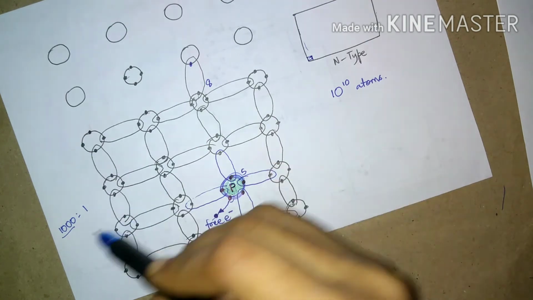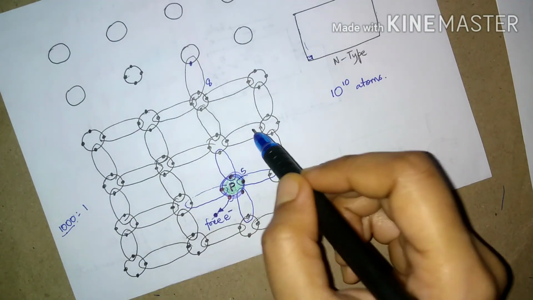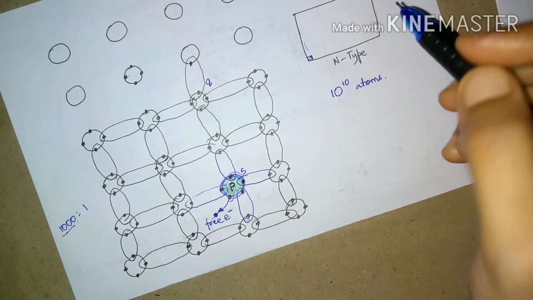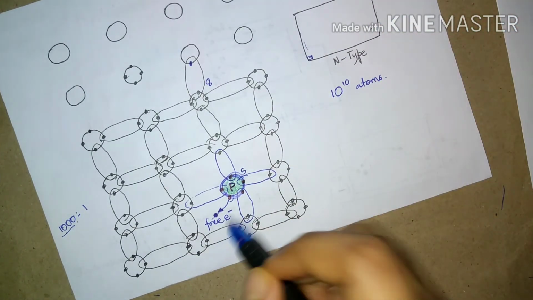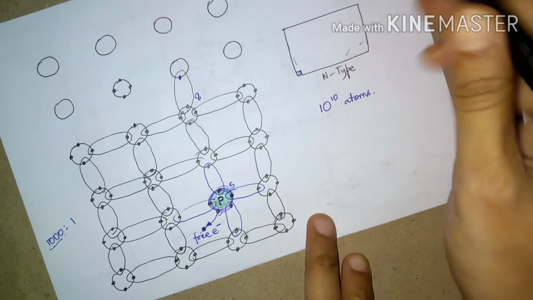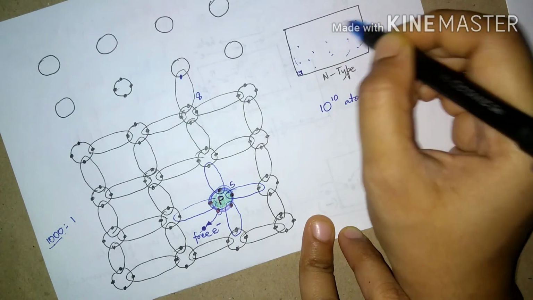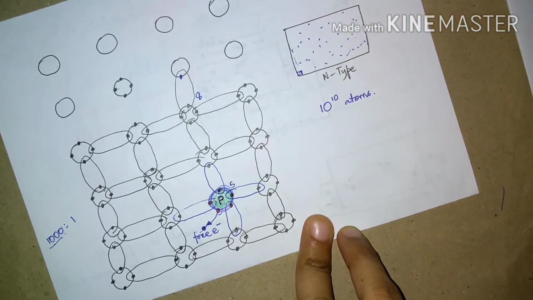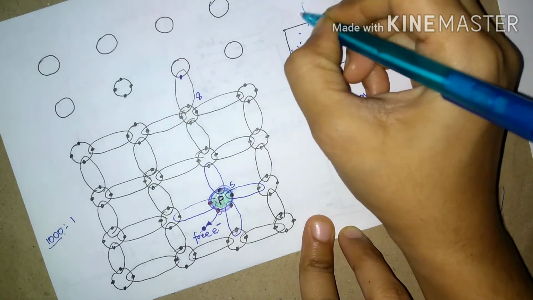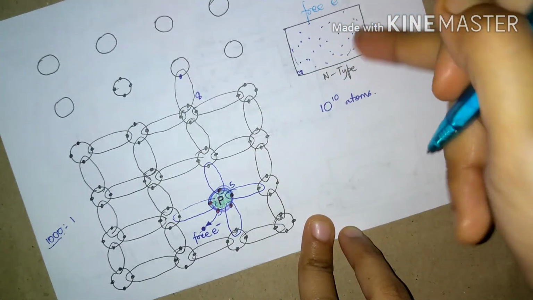If I add 1 for every 1000 silicon atoms, that means I have introduced many free electrons into it. So this whole n-type is now highly concentrated with free electrons. All these are free electrons which we have introduced into this particular piece.